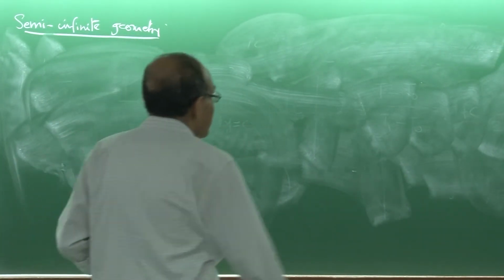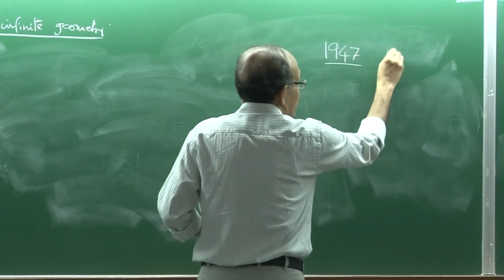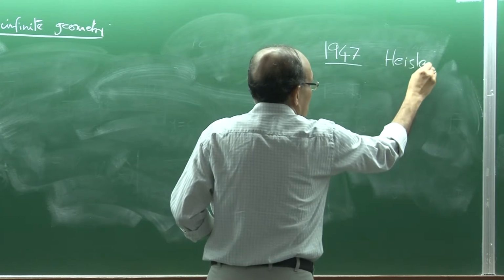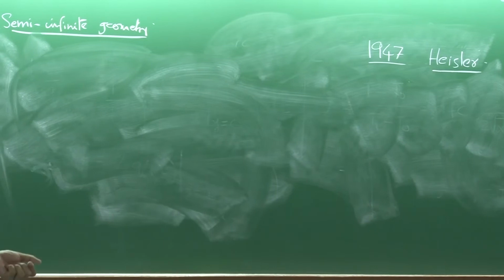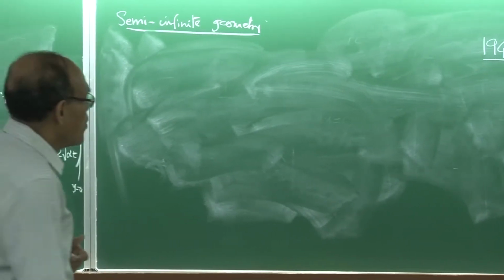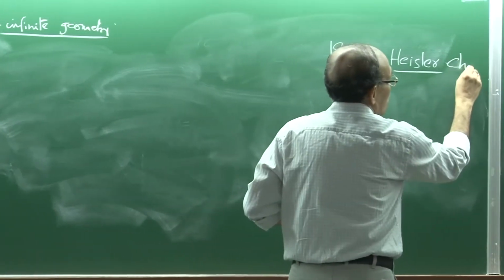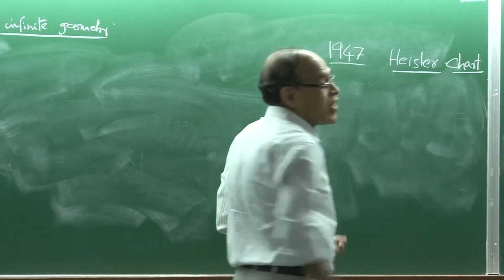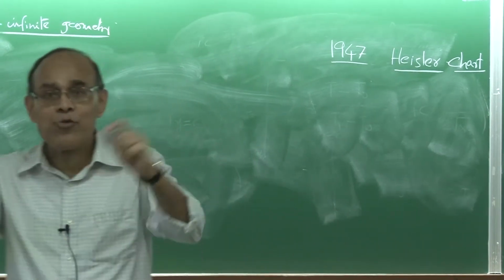And the person who did it in 1947 is Heisler. I think it is S.P. Heisler or P.S. Heisler, I have forgotten the full name. If you just give this search word on the internet, what is Heisler chart, the whole plethora of graphs will come to you.